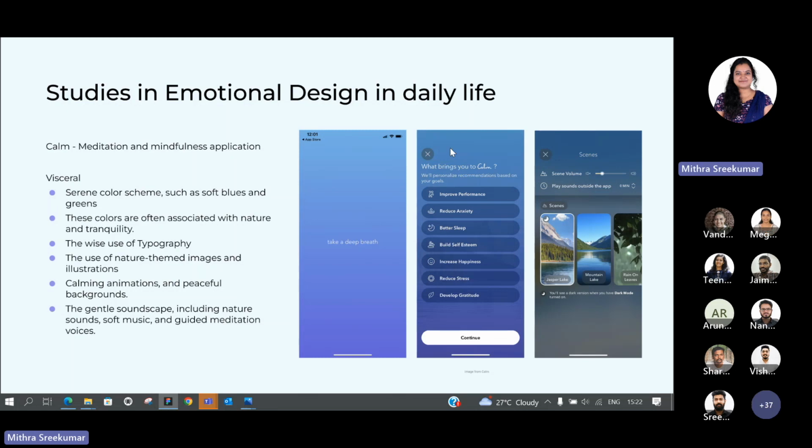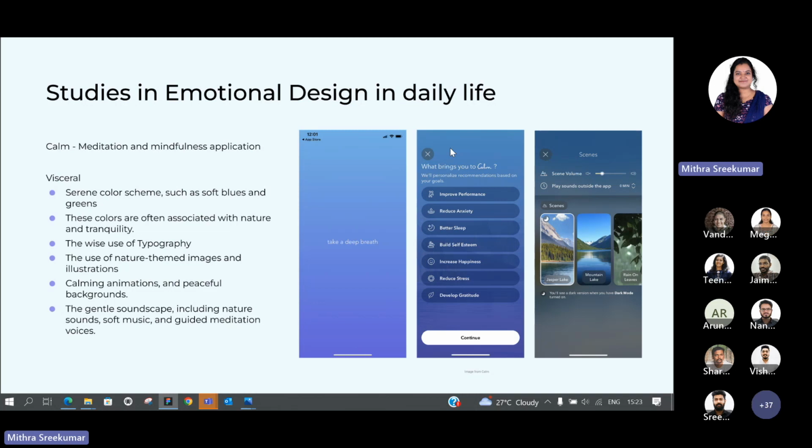So that gives a calmness emotion in the user. And also the typography, the typefaces used, and also the imagery used in this application give that nature theme, calmness, that emotion is getting evoked by this wise selection of images.